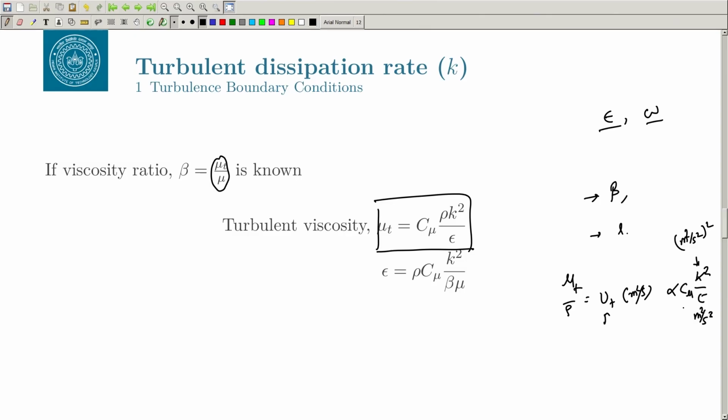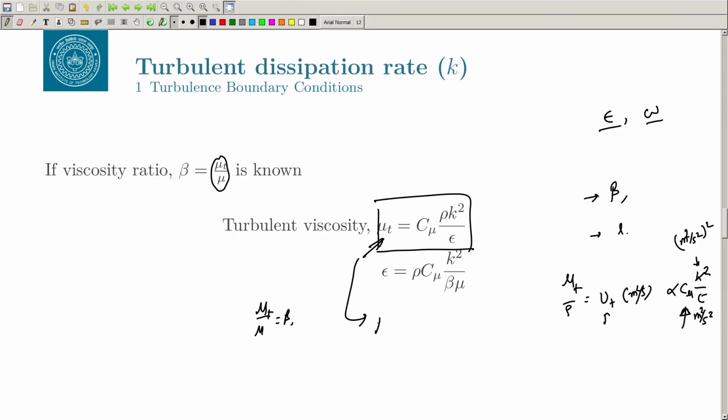Again, a small caution here: in some of the models you do not use C mu in this definition, and some of the models do use it. So, you have to look at the manual for how they have implemented it. If you use this definition, you can directly calculate this. So, mu t by mu is equal to beta, so mu t will become beta mu.